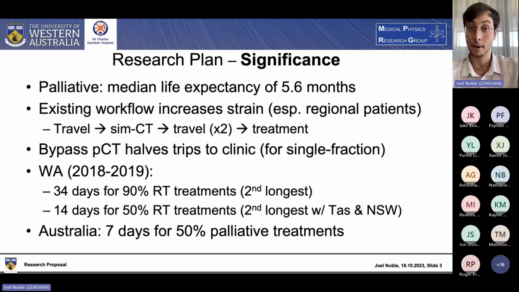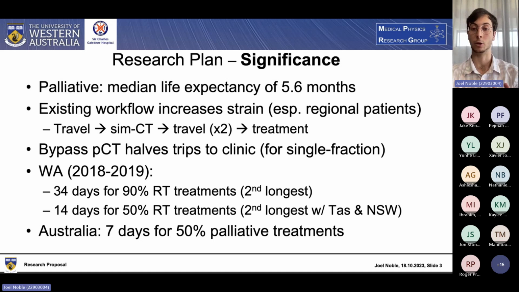Now, if you could bypass this planning CT, that would halve the number of trips to the clinic in the case of single fraction treatments, which are the bulk of treatments at Sir Charles Gairdner for palliative patients. Particularly in WA, this is significant because in 2018 to 2019, we had the second longest wait time.